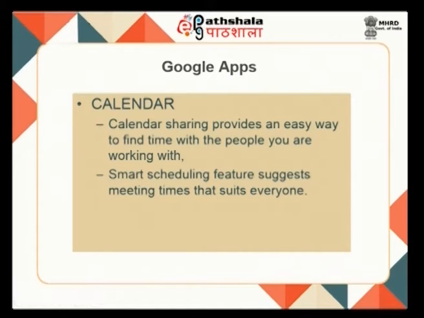So, Google Calendar is an app which is typically used for collaborative meetings and scheduling of such meetings, where multiple people can access the calendar and put in their schedules, and accordingly the app finds a suitable time for a common meeting, and such facilities are given.